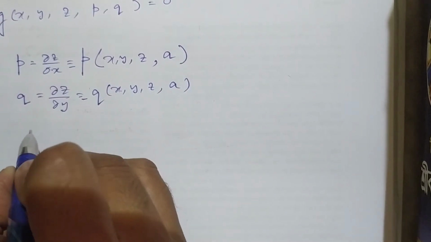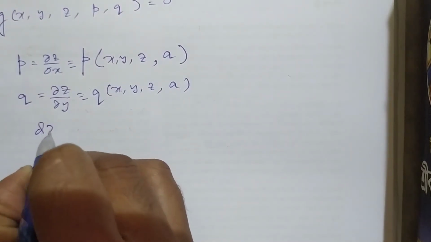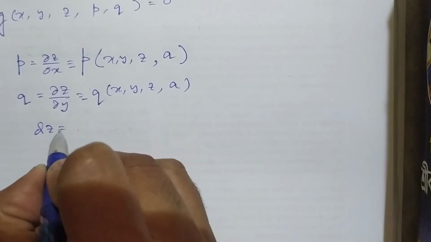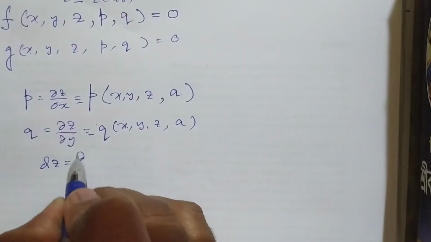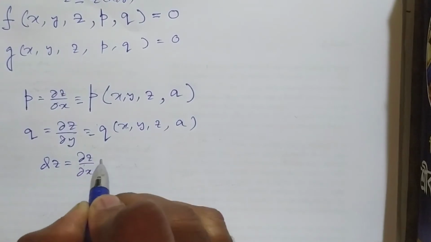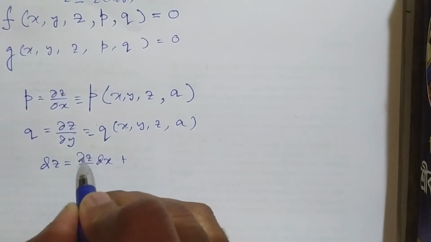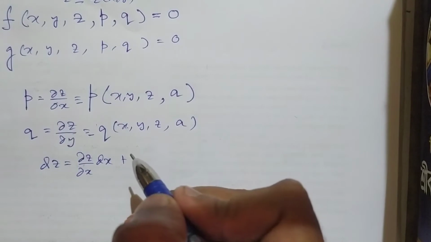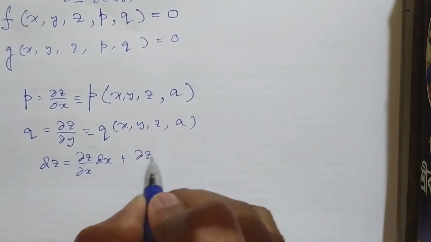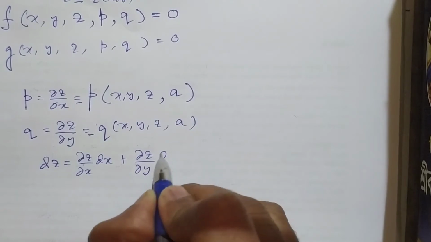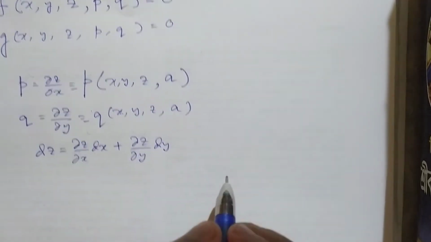So what we do is write dz, the total differential, as z depends on x and y both: del z del x dx, that is the rate of change in the x direction multiplied with the differential, and similarly del z del y multiplied with dy.